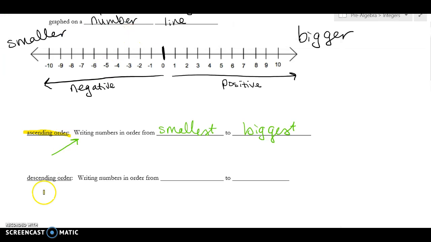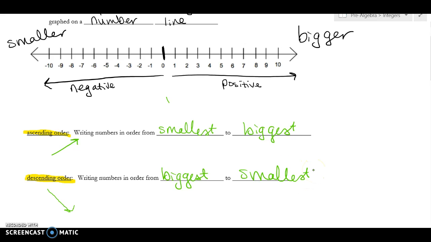Descending is the opposite. They go down, like going down a mountain, from biggest numbers to smallest numbers.